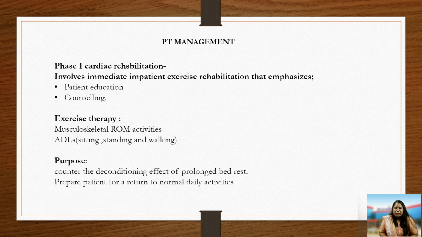Next is PT management. In PT management, phase 1 of cardiac rehabilitation involves immediate inpatient exercise rehabilitation that emphasizes patient education and counseling. Exercise therapy, musculoskeletal range of motion activities, daily life activities like standing, sitting, and walking.